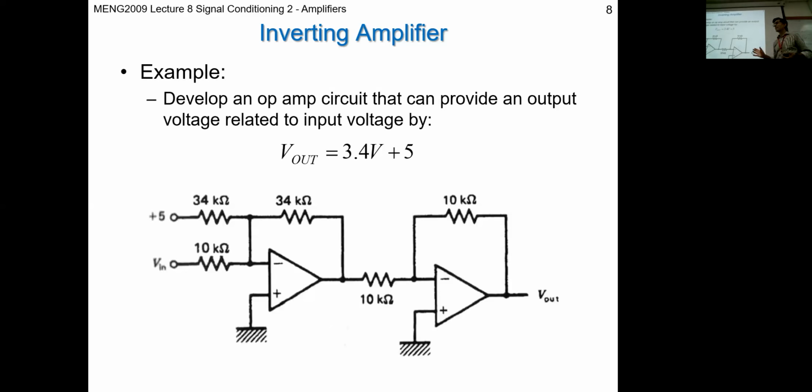So if I say you have a thermocouple and it gives an output voltage of 3 millivolts to 7 millivolts, but I need to get an output voltage from my amplifier of 0 volts to 5 volts, you should now be able to figure out how to convert it, right? You should be able to figure it out.